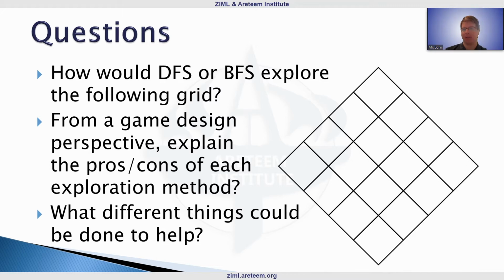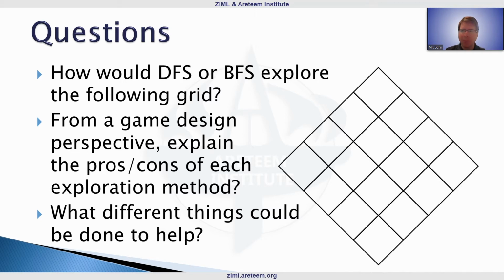So as a review, one of the questions was, how does depth first search or breadth first search explore this grid, this tree diagram if you like? And how do these things affect maybe a game design perspective if you're doing a map or something like that and players are exploring?